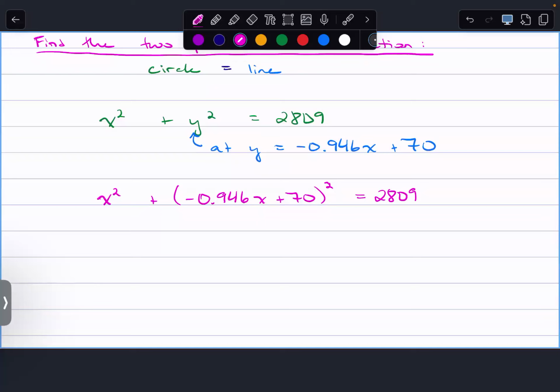Let's expand this thing. x squared plus, I always have to write out the negative 0.946x plus 70 times negative 0.946x plus 70. If you can just see it, then that's cool, but I don't. But it's important that you recognize that you can't just bring the square inside. That's illegal math.